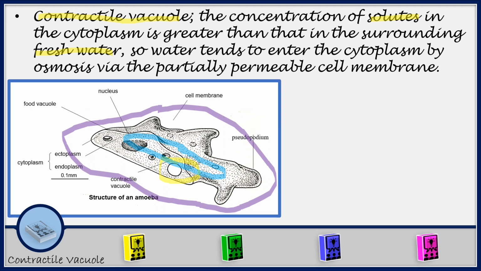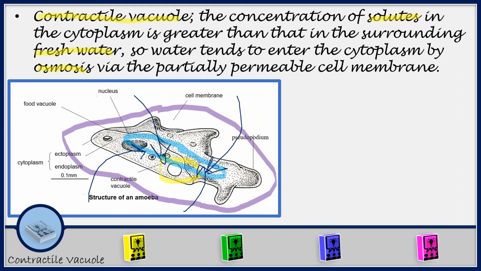So what is going to happen? Water will tend to enter the cytoplasm by osmosis. The water will move from outside and enter into the cytoplasm by the process of osmosis, because the concentration of solute in the cytoplasm is much greater than the concentration of solute in the surrounding fresh water.